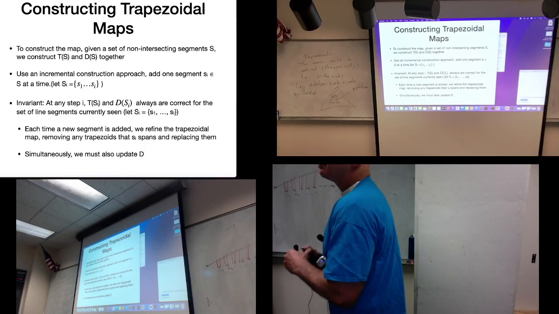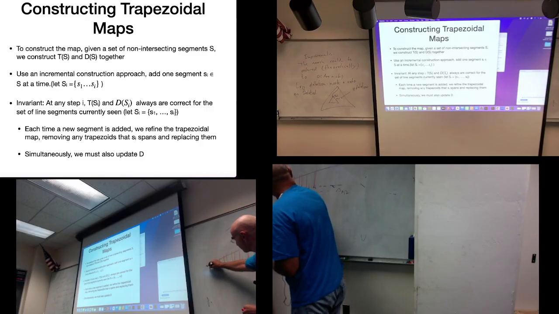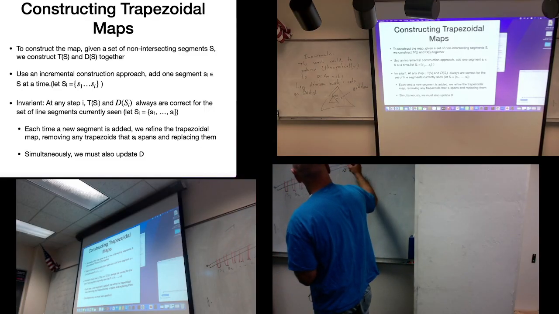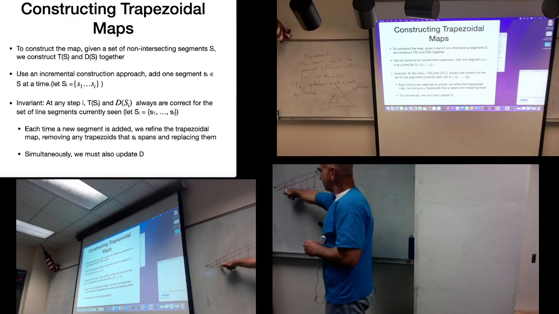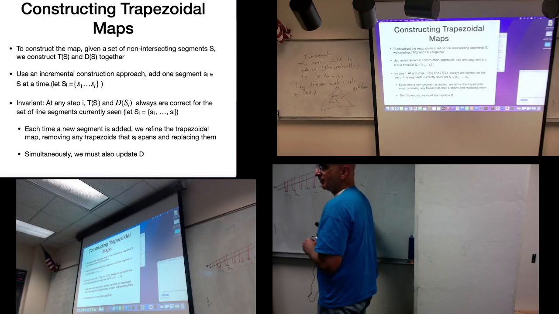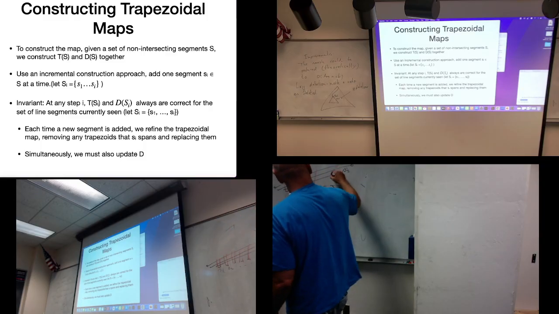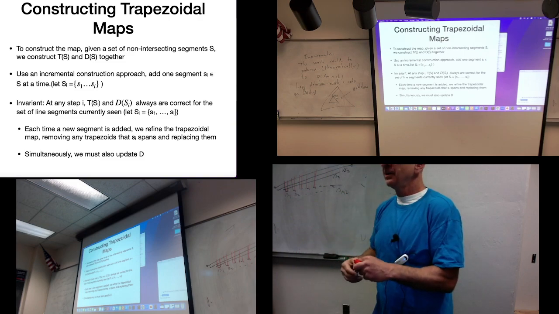To create maximum complexity, the next segment that I add, S'2, will be just below, and now I have n/2 trapezoids that I need to update. A lot of work, linear work to update. Now add S'3 just below it, and still another n trapezoids.